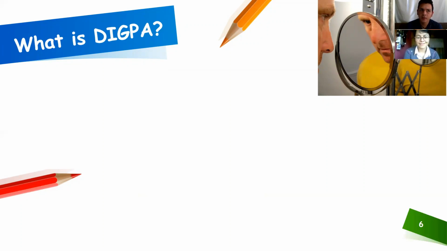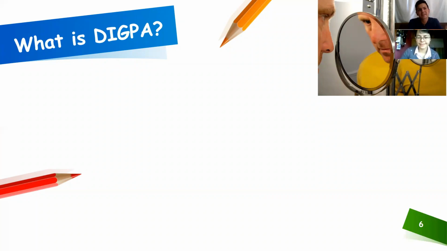All right, so DIGPA is a tool that helps us see what we are doing wrong? Yeah, actually, we focus more on the things that we need to improve rather than on the things that we did wrong, because maybe at that point in time we didn't know that it was wrong, but when we were analyzing it, we discovered that it is something that we needed to improve.